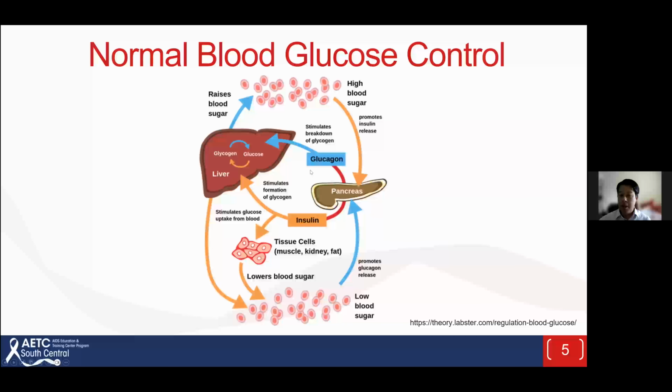And then on the flip side, when our sugars start to go down, maybe we ate earlier, so we've stored up all that sugar. It's getting around lunchtime now. You're probably getting hungry. But we're able to keep going. How does this happen? Well, right now, the opposite is happening. Our sugars are starting to go down. Our pancreas is sensing that, and so it releases a different hormone called glucagon.